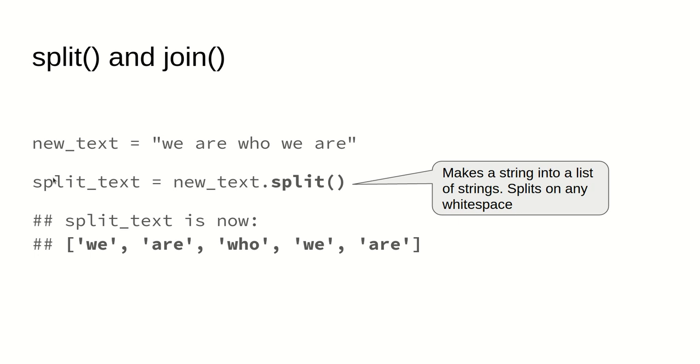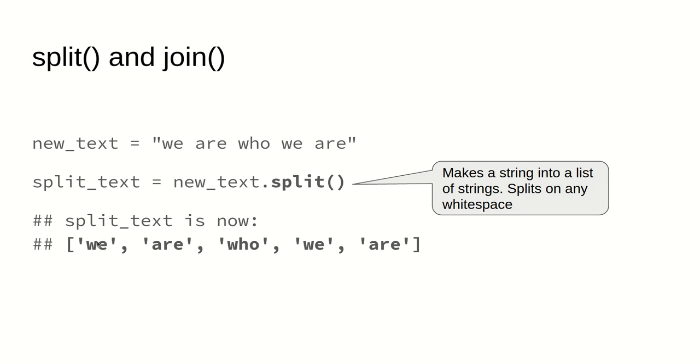If we want to split up all of the words, or in other words, split on all spacing, then we call newText.split. That gives us a new thing that is a list of strings. So we now get a list of strings containing all of the words in that original string.